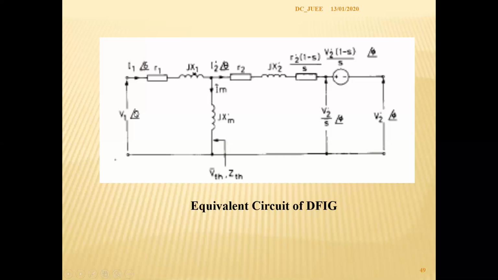Now what we saw earlier is that an induction generator cannot operate below synchronous speed. That is true for a squirrel cage motor because we have no control over the rotor. Here, with rotor control available, we can make it operate as a generator even at a speed less than synchronous speed, right?